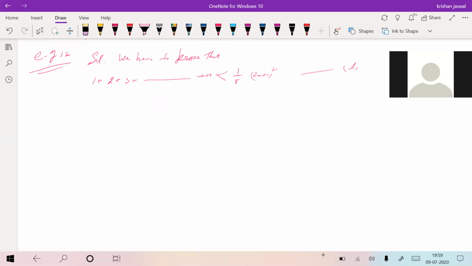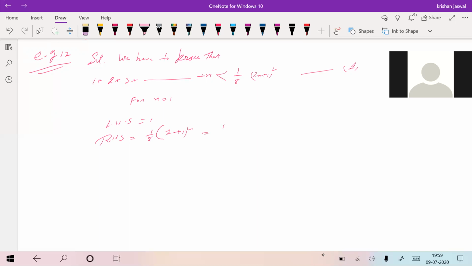First, for n is equal to 1, the left hand side is equal to 1 and the right hand side is equal to 1 over 8 into (2 into 1 plus 1) whole square.